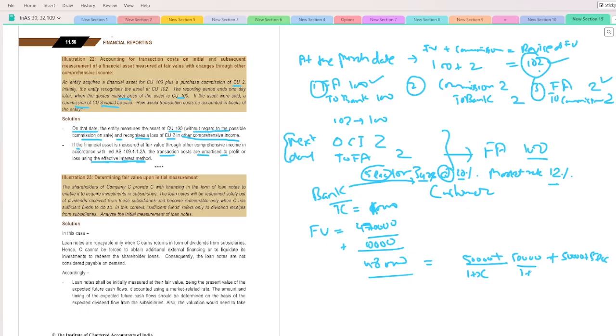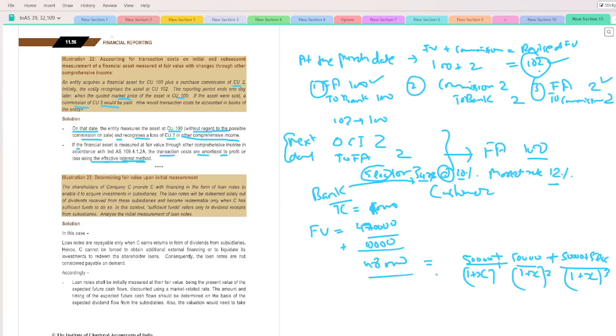Here you will be calculating the effective interest rate again, that is a discount rate, because your transaction cost is added here.